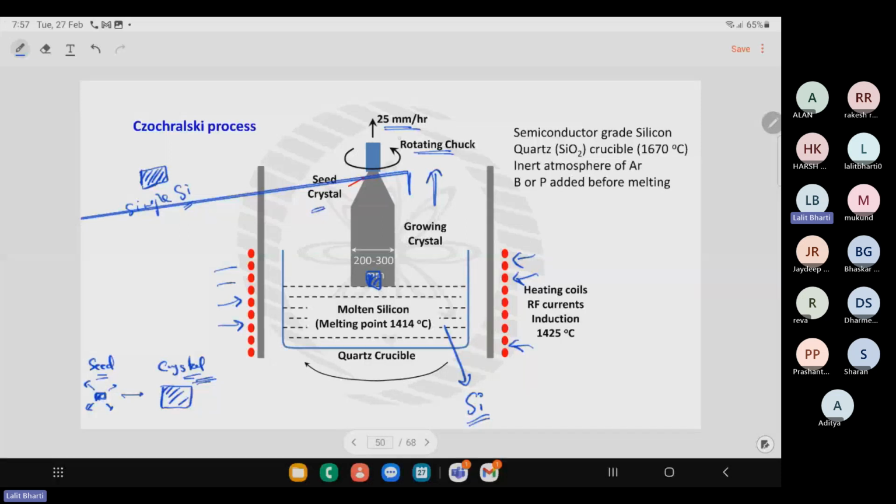As it goes up, the molten silicon sticks to the crystal seed, then cools down and freezes as silicon. So you will get this kind of big cylinder, with a diameter of around 200 to 300 millimeter.